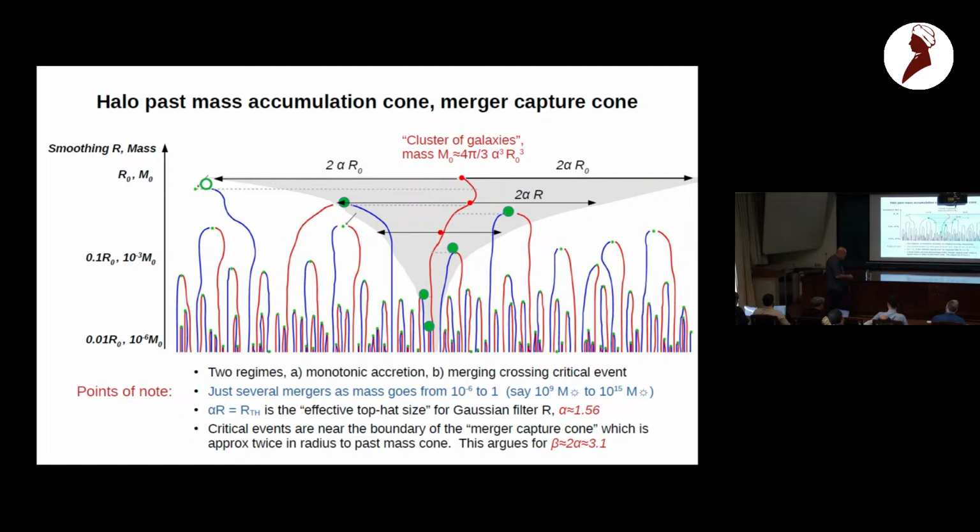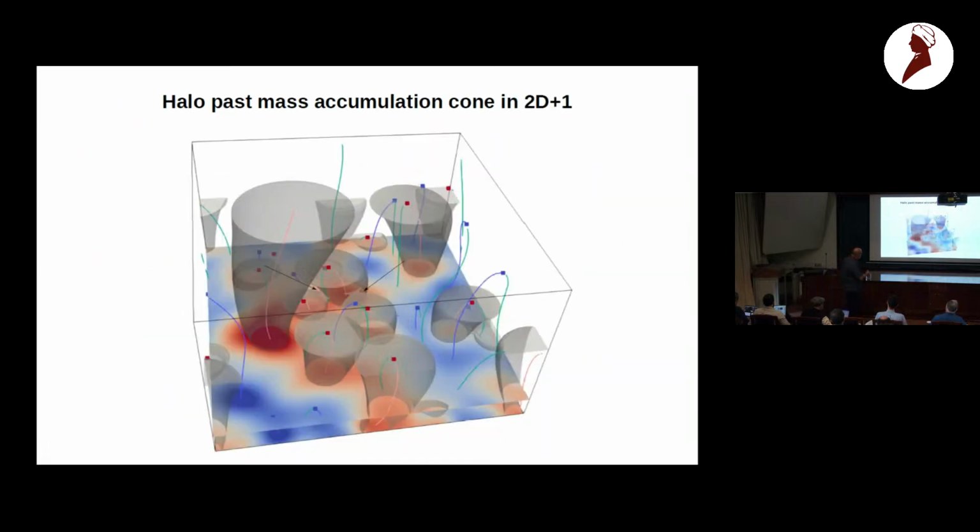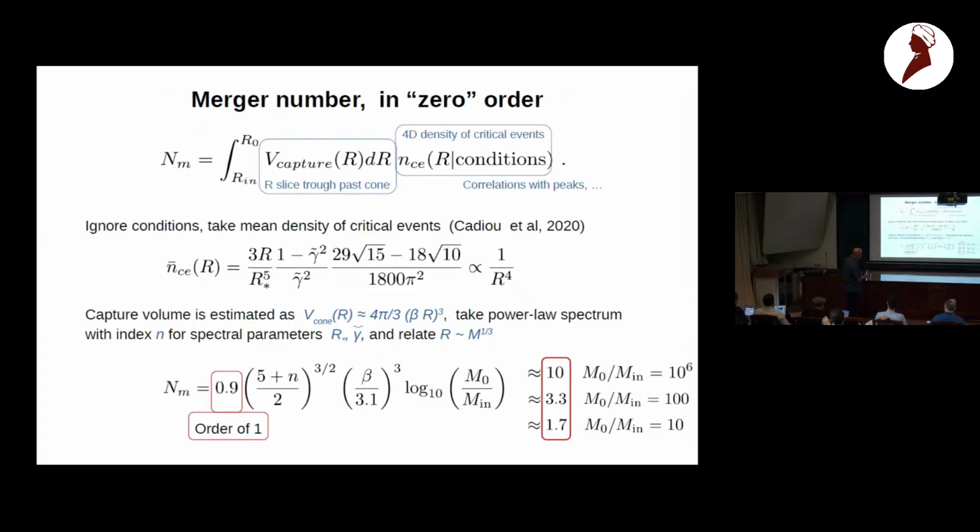So, how would you count it? Well, it would be good if you knew the density of those critical events in an extended space of position and smoothing scale. And that's just an image of how it looks in 2D.